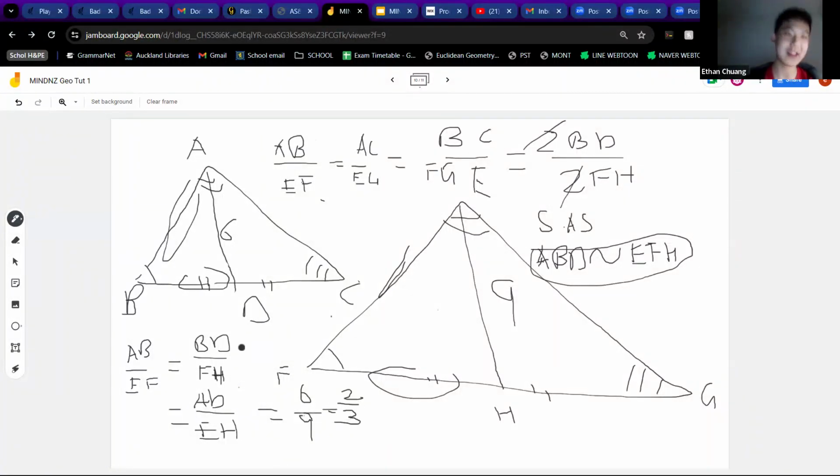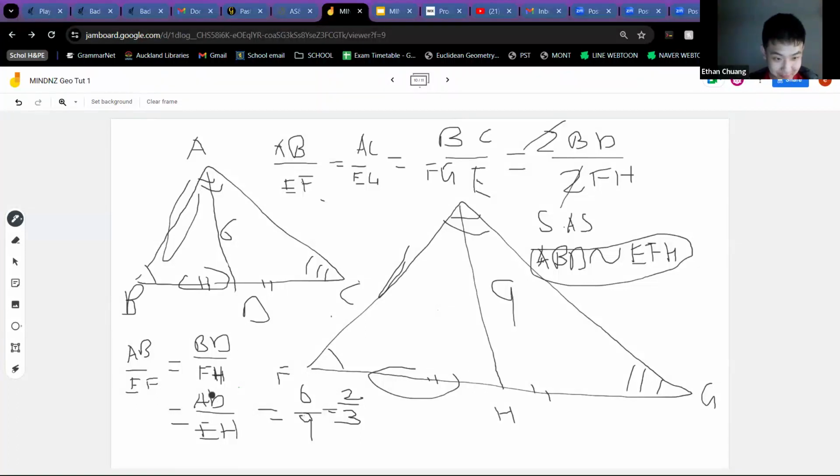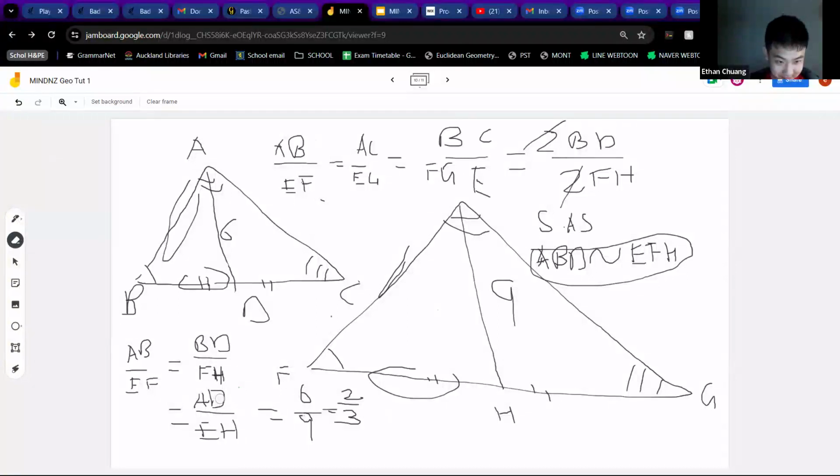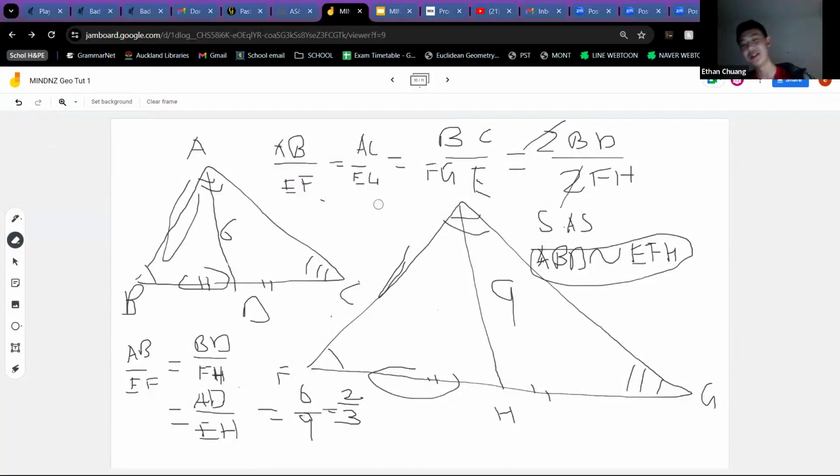True so far? Everyone following? Maybe my handwriting is a bit atrocious, but I hope everyone's following. So now we know that AB over EF is equal to 2/3. So basically the ratio between the sides of the big triangles is 2/3, which is what we wanted. And so the ratio of the areas is 4/9.